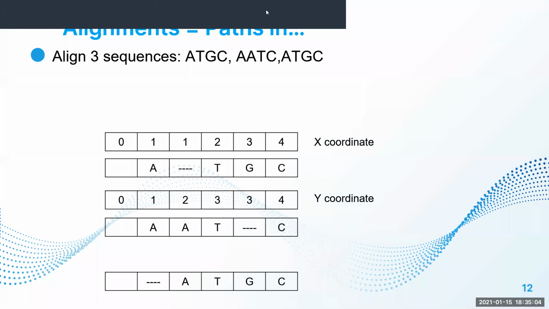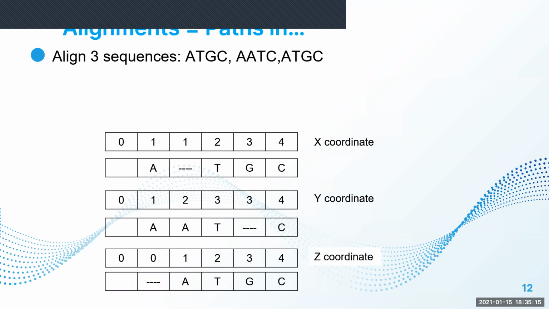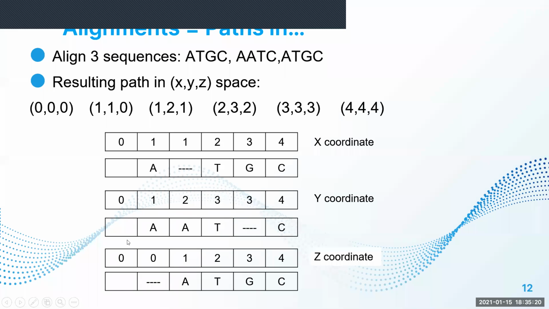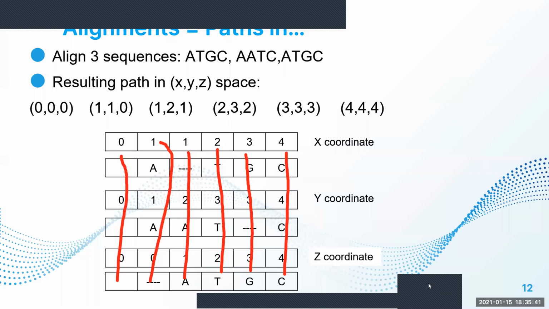This is the x coordinate, this is the y coordinate, and this is the z coordinate. The resulting path will be like this: 0 0 0, then 1 1 0, then 1 2 1, 2 3 2, 3 3 3, 4 4 4. It is the same as the 2D pairwise dynamic programming.